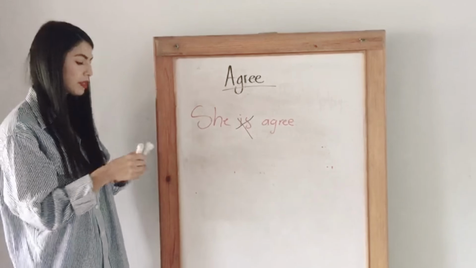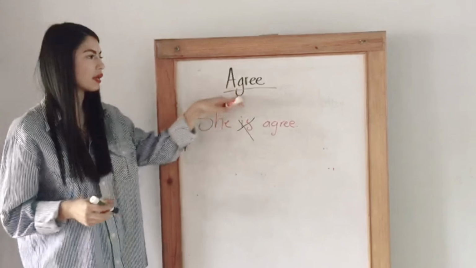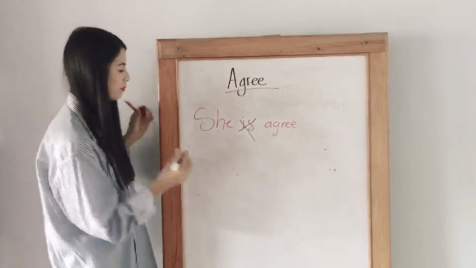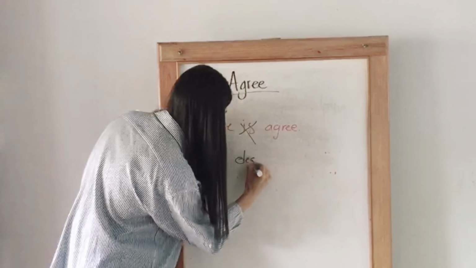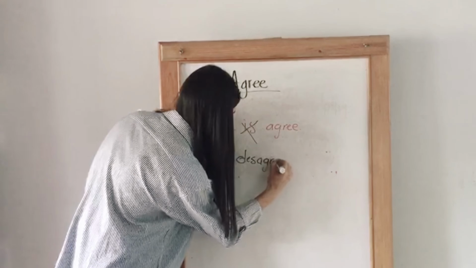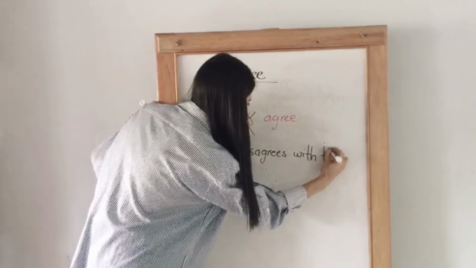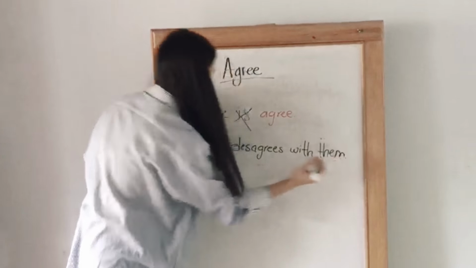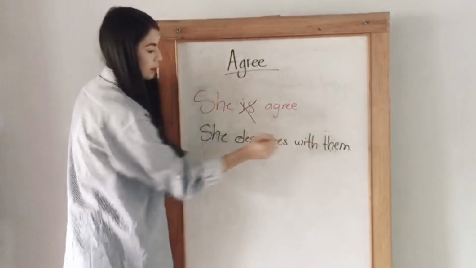Okay, if the person thinks something different, we can use agree in the negative. She disagrees with them.